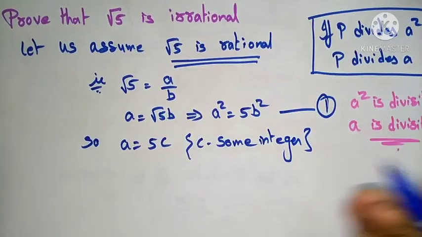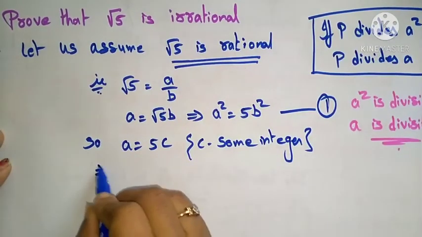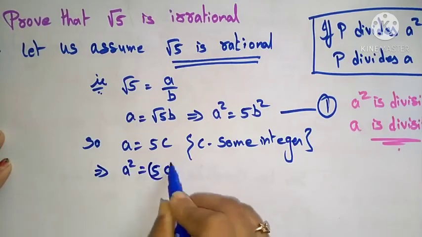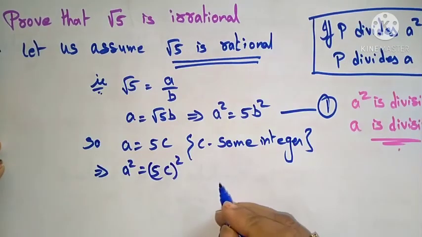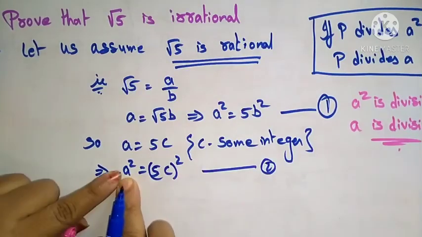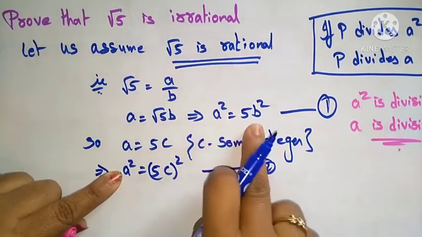Now just square both sides. You will get a square is equal to 5c whole square, that is 25c square. So this is the second equation. Now substitute in place of a square the first equation, 5b square.